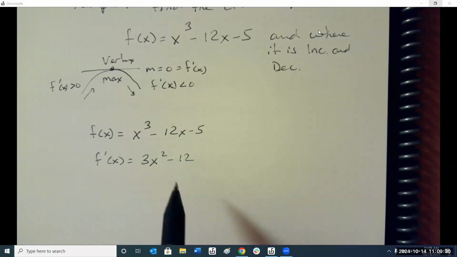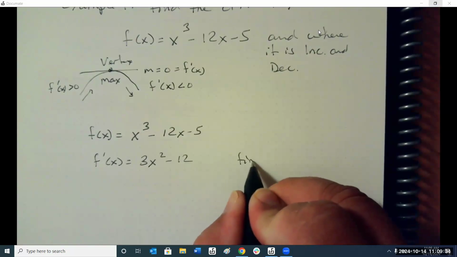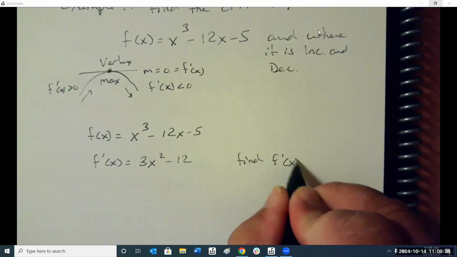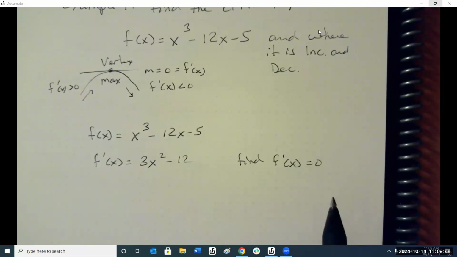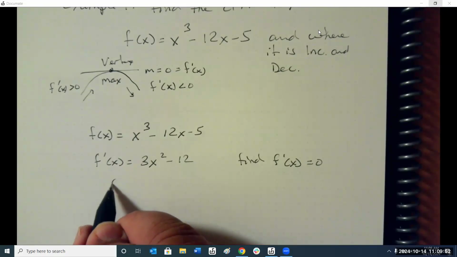Because here we find where the first derivative is equal to 0. Because we want to know at what points it stops being positive and negative. So set this equal to 0.